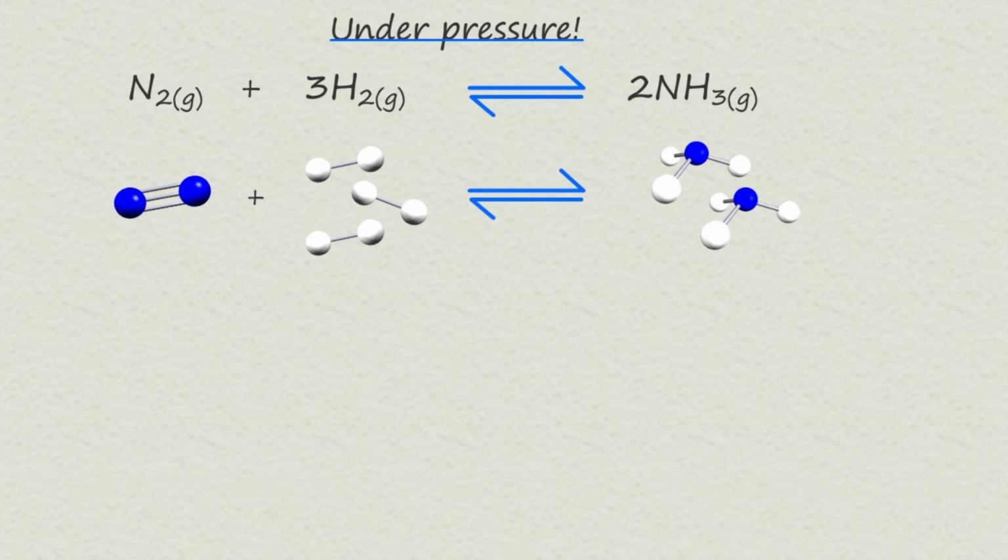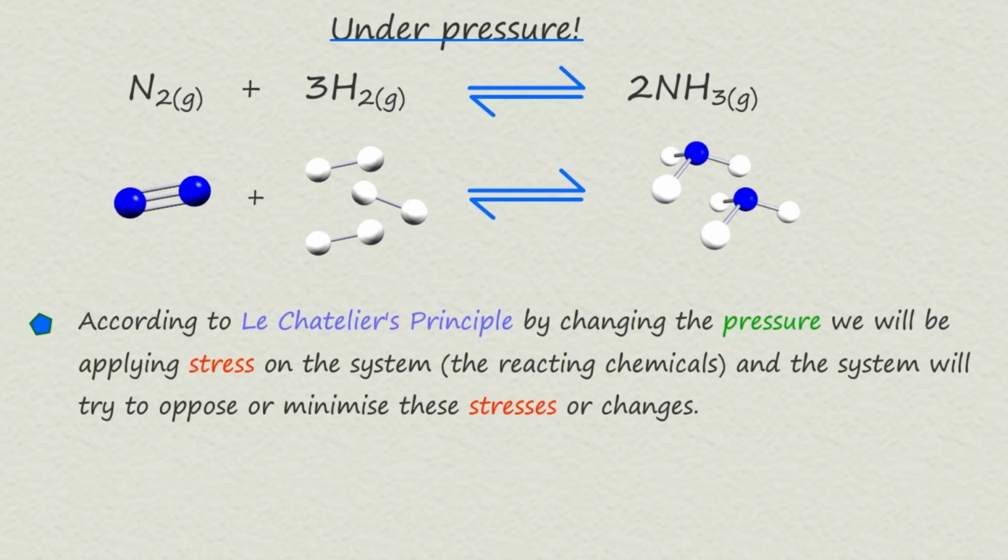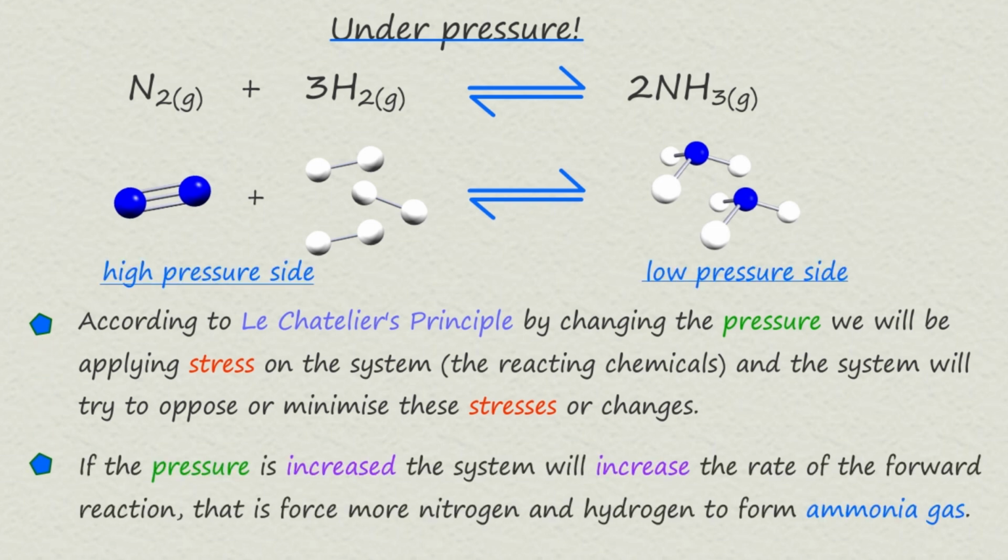So as before, we can use Le Chatelier's principle to work out what will happen when we change the pressure. Now if you change the pressure, then according to Le Chatelier, we will be applying a stress on the system and it will try to reduce or oppose this stress. So what will happen if we increase the pressure on the system of reacting molecules?